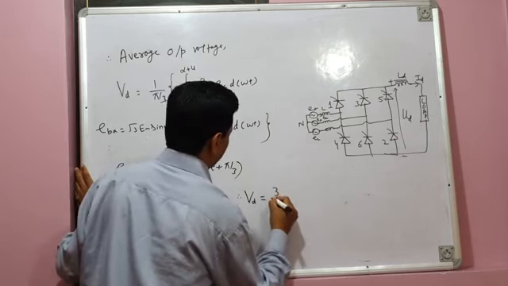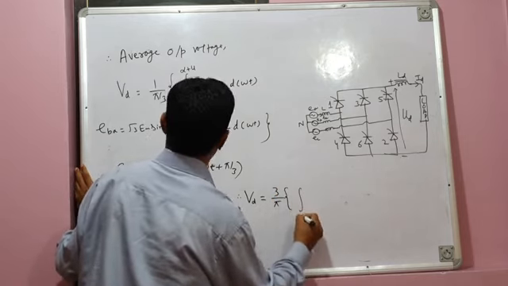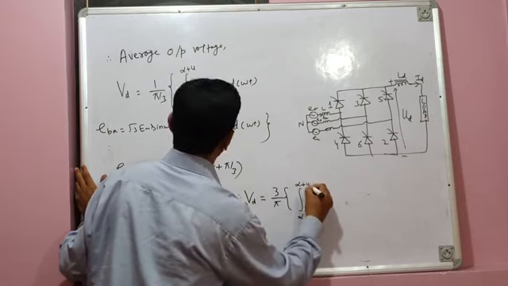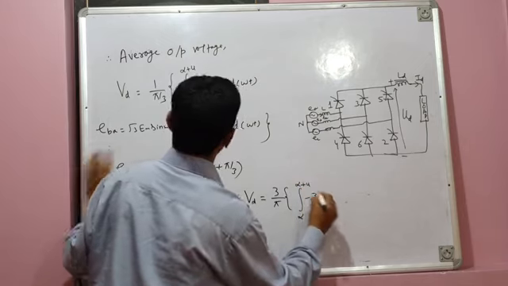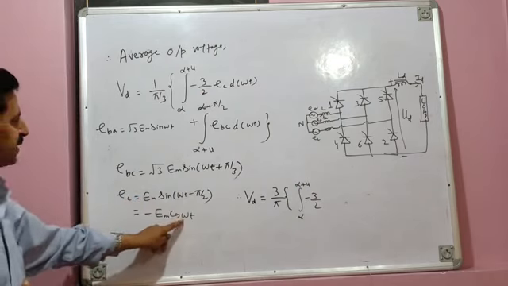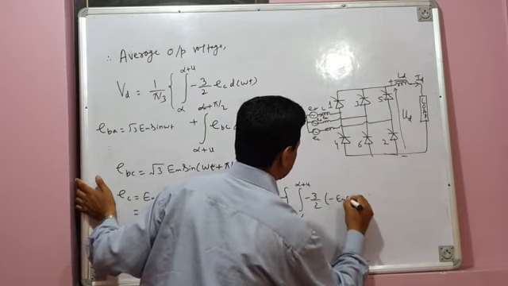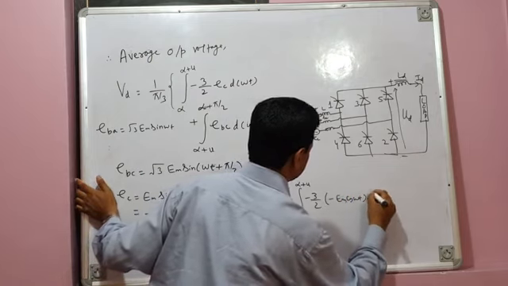So 3 will go up. So it is 3 by pi times integration from alpha to alpha plus u of minus 3 by 2 EC. What is EC? I have already got the equation for EC. It is minus Em cos omega t. So within the bracket, I will write minus Em cos omega t d omega t.